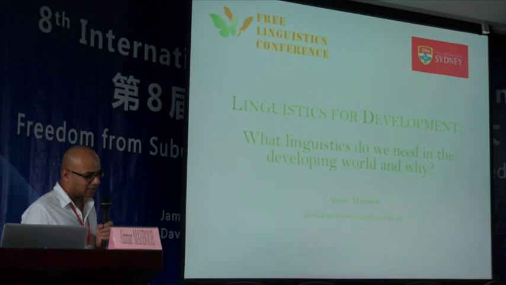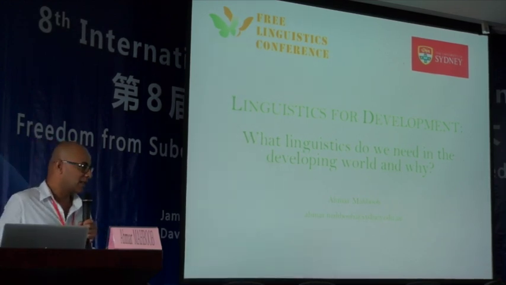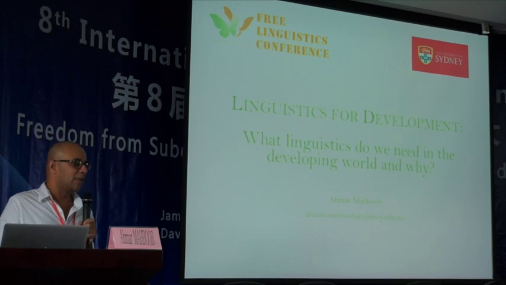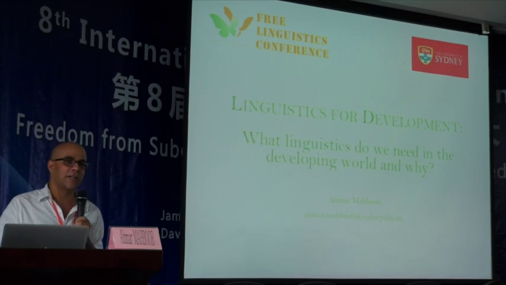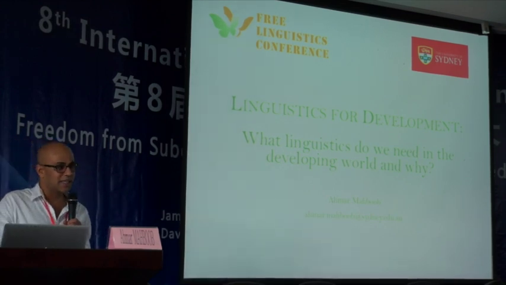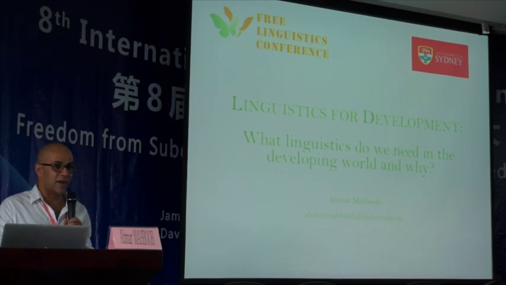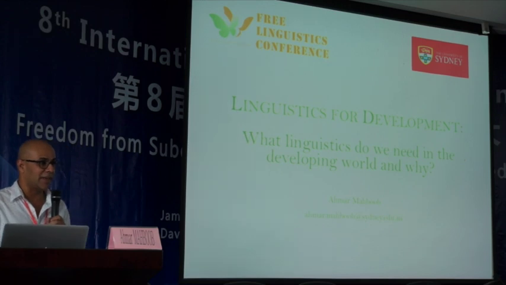Now, after I finished my Masters at Karachi University, I moved to the US, and I did my first Masters again in linguistics, in applied linguistics actually this time, at Indiana University in Bloomington. And as part of my training at Indiana University, essentially all the units I was taking were on language teaching methodology, language testing, and then again courses on, say, grammar, generative grammar, transformational grammar, optimality theory.